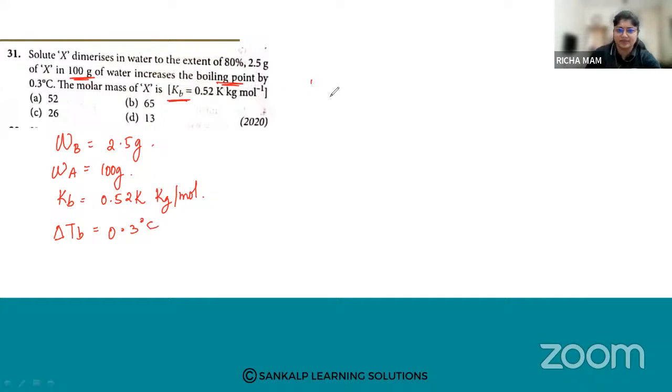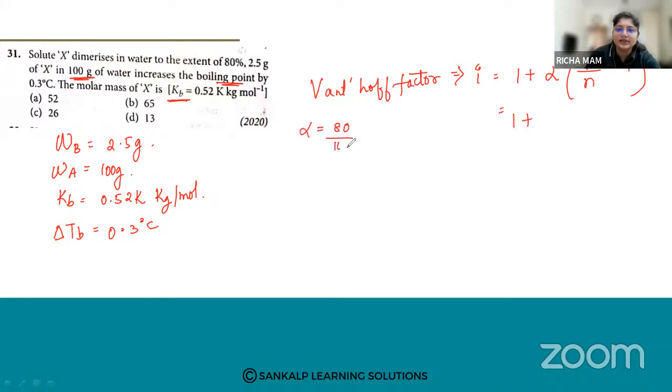First, let us find the Van 't Hoff factor. I is equal to 1 plus alpha into 1 by n minus 1. Put the values: 1 plus alpha, where alpha is 80%, that is 0.8.